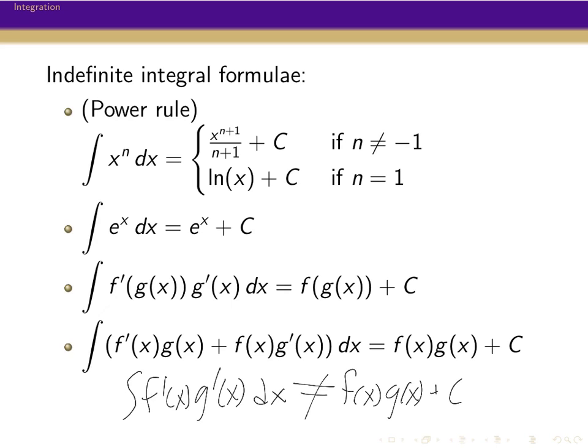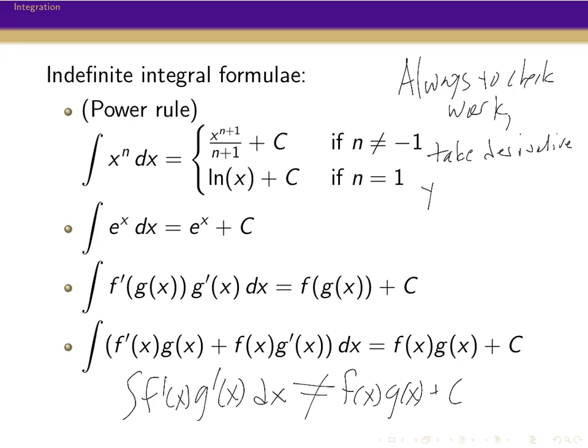And that's one thing you can always do to check your work. So always to check work, you can always take the derivative afterwards. Take the derivative, and you should get back your original function.